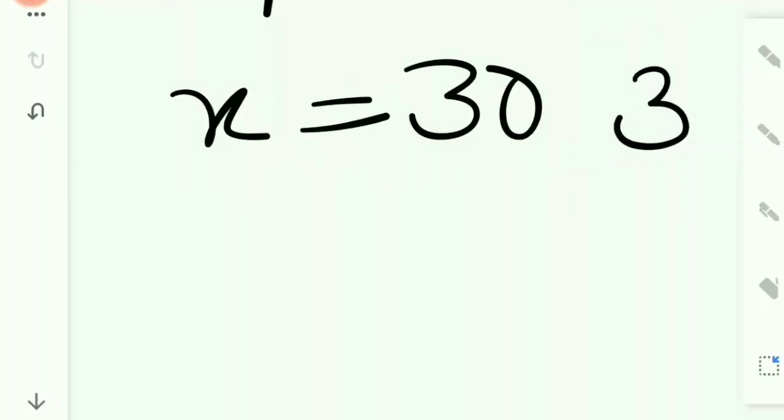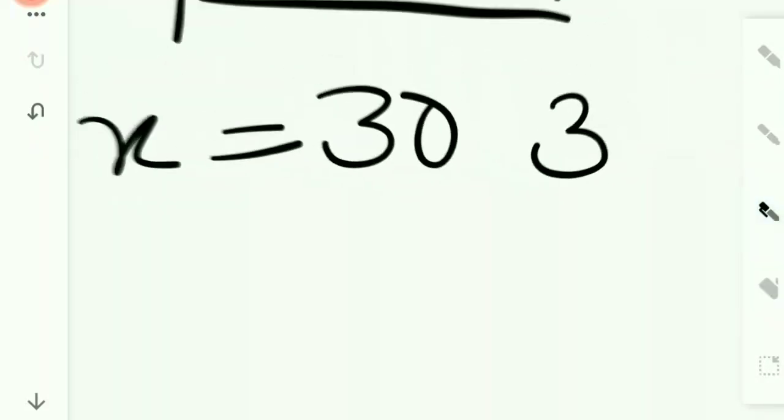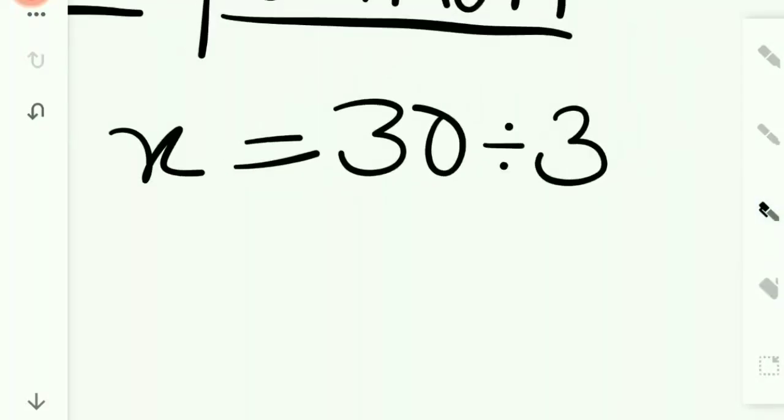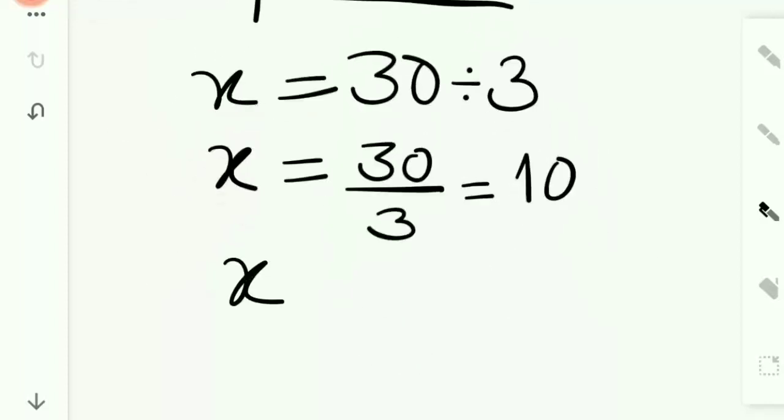But how? By inverting the operation. It was performing a multiplication here, so on the right hand side I'll have to make it a division. x equal to 30 divided by 3, which is equal to 10. So x equal to 10.